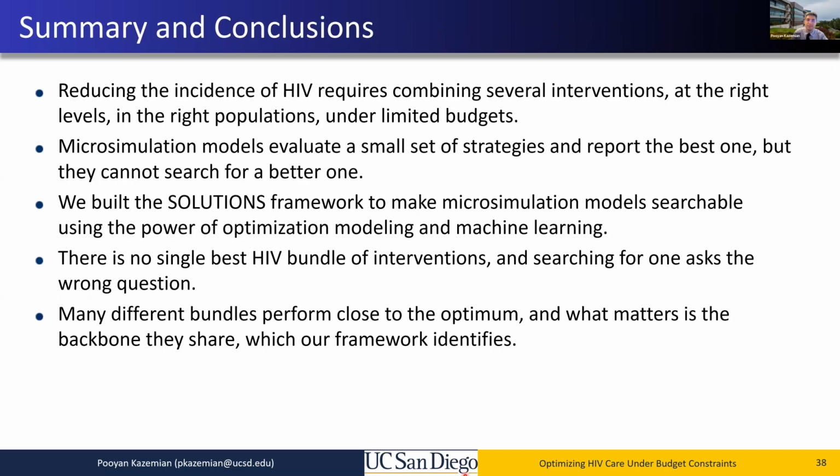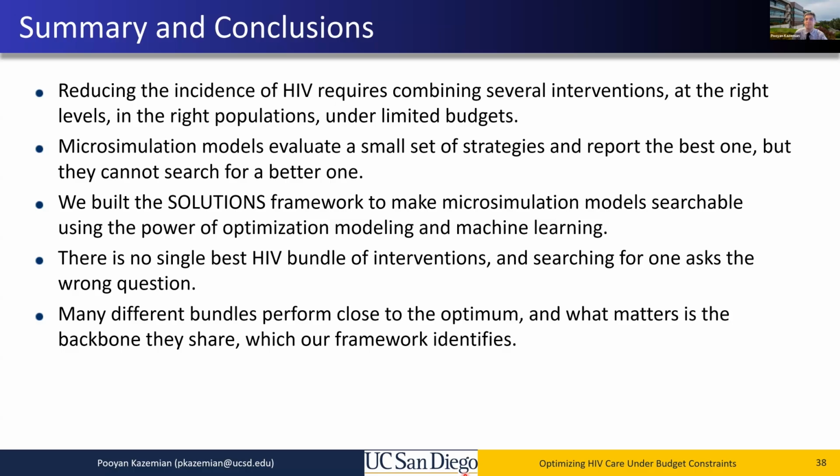So, summary and conclusions: reducing the incidence of HIV requires combining several interventions at the right levels in the right populations under limited budgets. Microsimulation models evaluate a small set of strategies and report the best one, but they cannot search for a better one. We built the solutions framework to make microsimulation models searchable using the power of optimization modeling and machine learning.